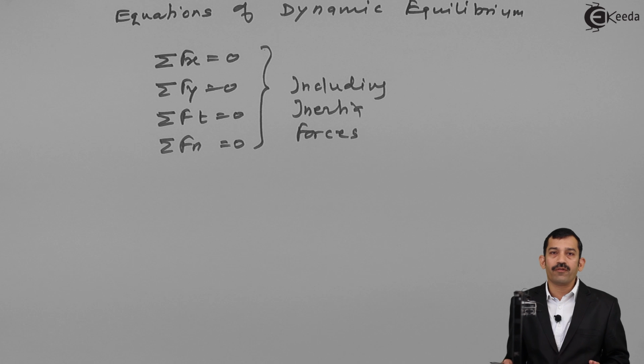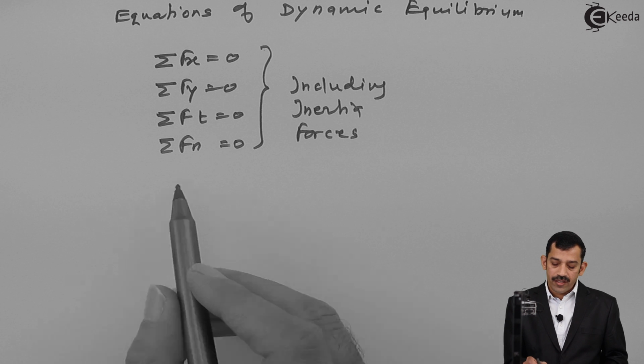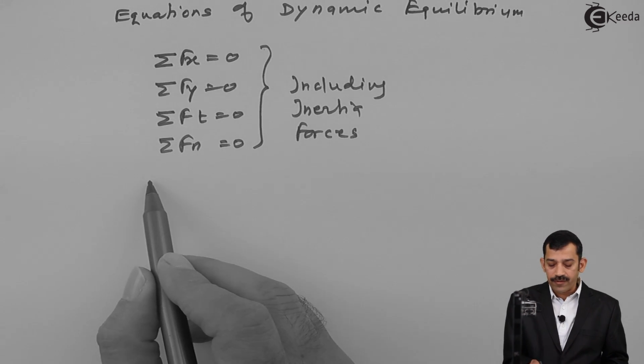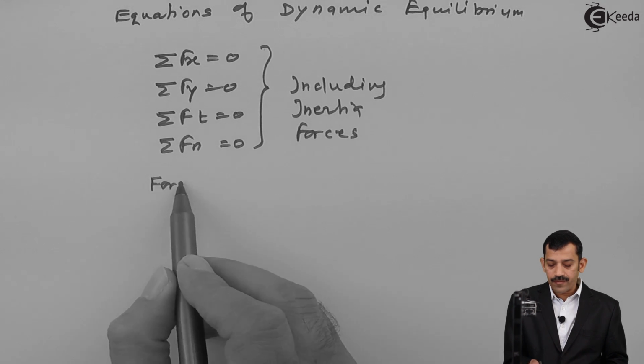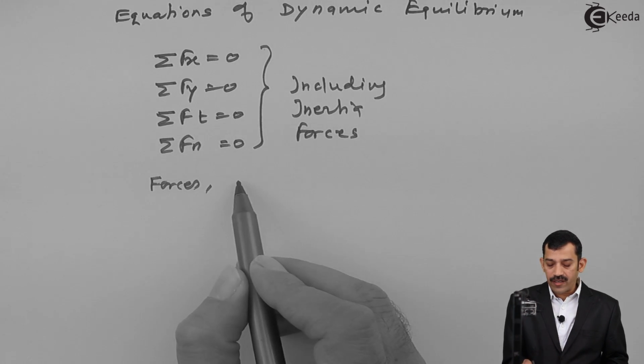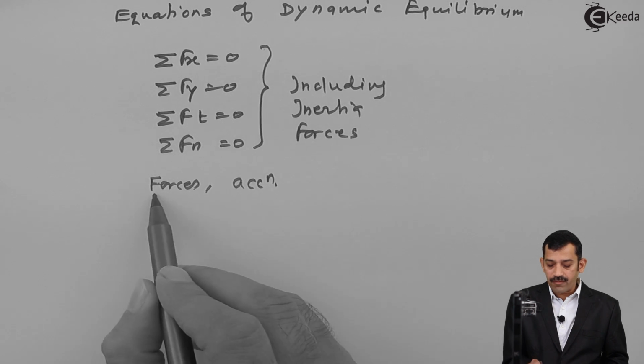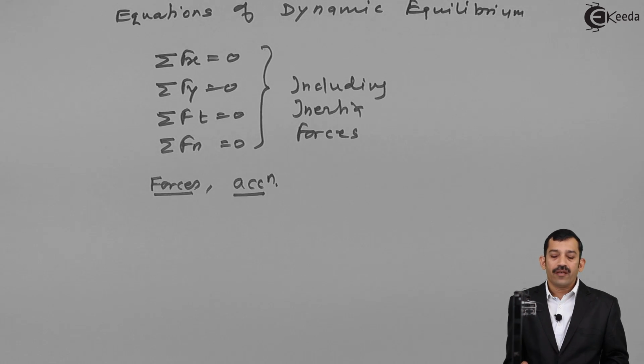The difference is only that the inertia force comes into the picture, and we represent it in the free body diagram in the opposite direction of acceleration. Using this, these equations all consist of what? Number one, the number of forces, then the acceleration term, that means forces and acceleration.